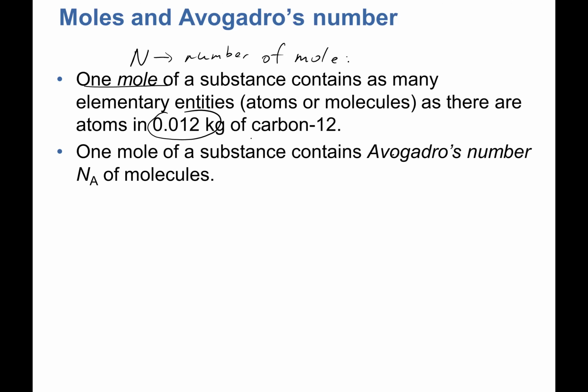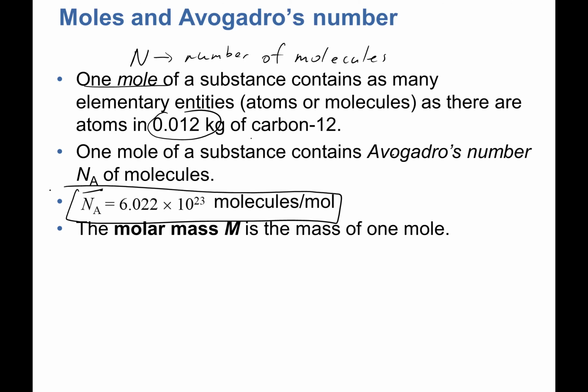So one thing we can also use here is the molar mass, which we already looked at, right? So the molar mass, M, is the mass of 1 mole. As you could see in the previous slide, we talked about water. So the molar mass for water was 18 grams for each mole of that substance.